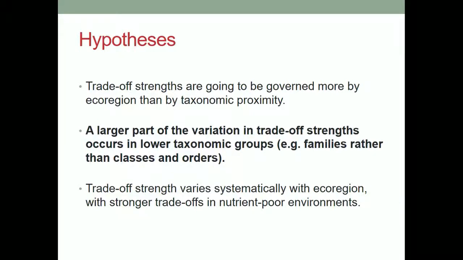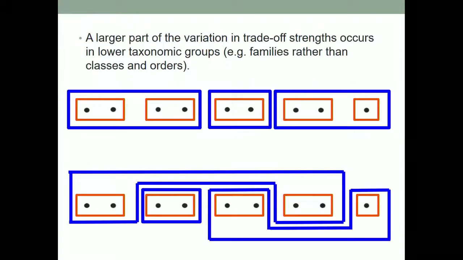I've talked myself in circles with this many times, so I'm hoping this image will help you slightly. Imagine the black dots on the screen, and let's focus on the upper half. They are trait values for trade-offs, moving from strong to weak, left to right. Assume the orange boxes are families, lower down in the taxonomic hierarchy, and the blue boxes are, for example, classes, higher up.